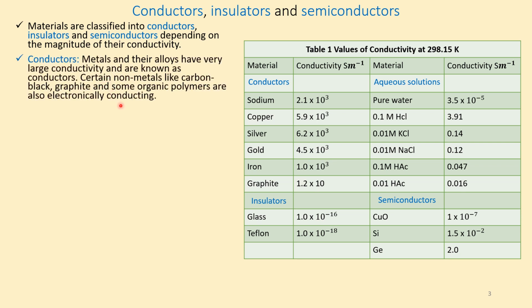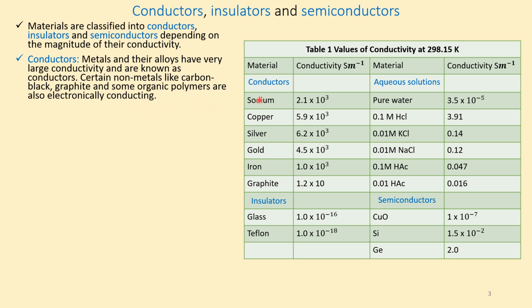Conductors: metals and their alloys have very large conductivity and are known as conductors. Certain nonmetals like carbon black, graphite, and some organic polymers are also electronically conducting.